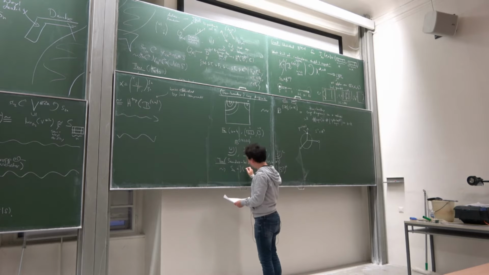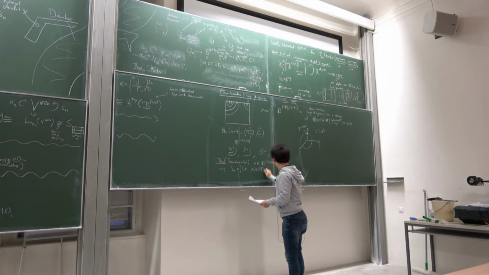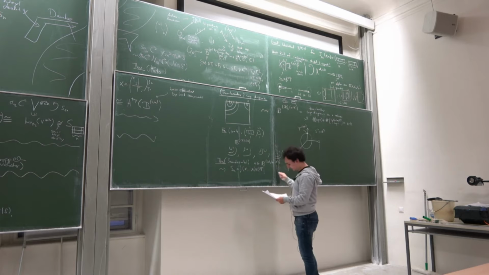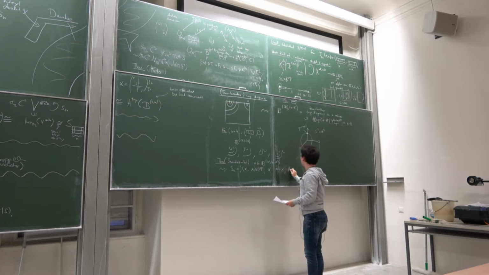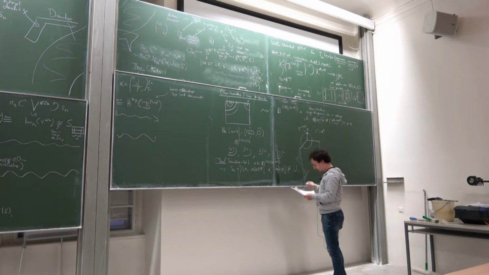It's going to be all n-tuples of elements such that xi is equal to x minus j if there is a cup, just as in type A.